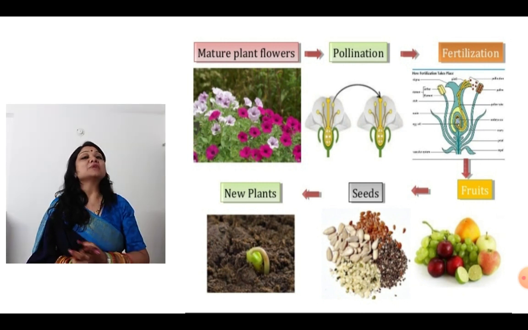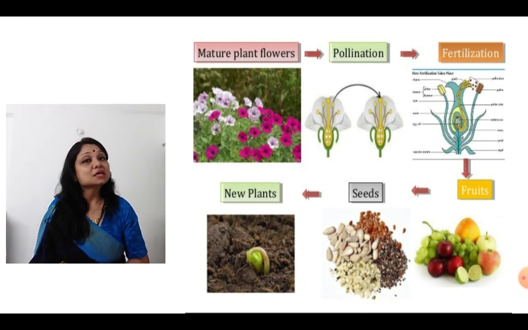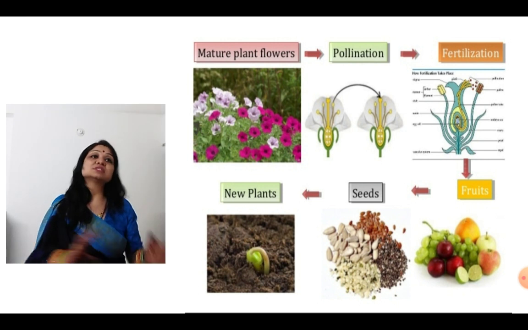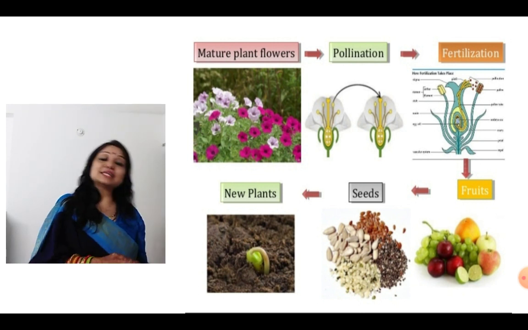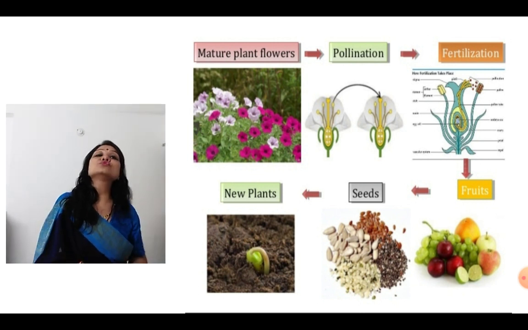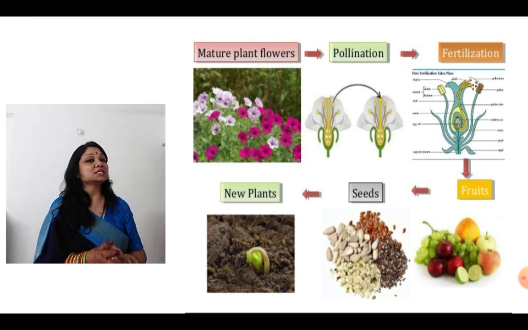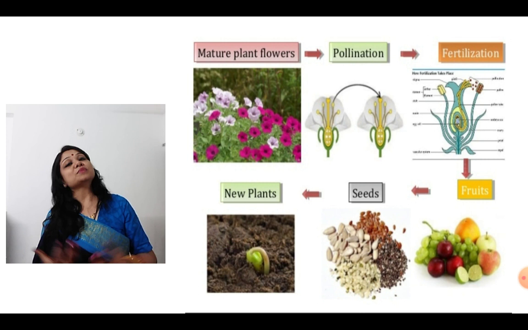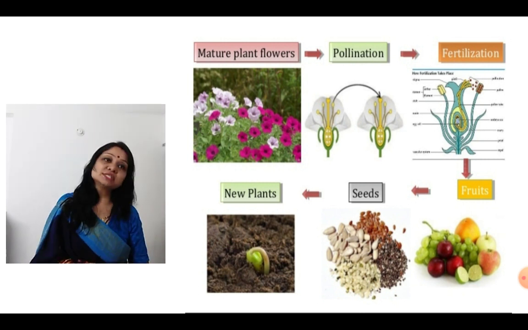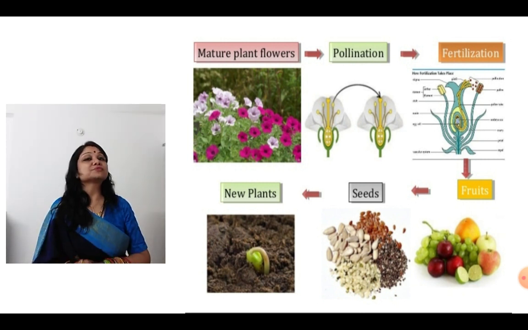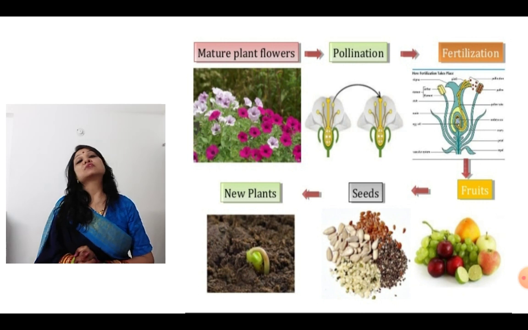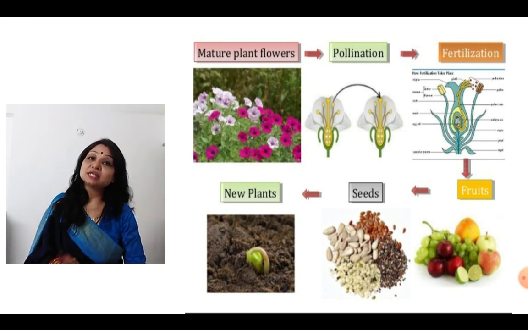The mature plants have flowers in which pollination occurs. Then after pollination, fertilization occurs. Then fruit is formed. From the fruit we get the seeds, and from the seeds the new plants come. Got it? These are the steps of sexual reproduction in plants, and we are going to discuss this in detail in our next videos.